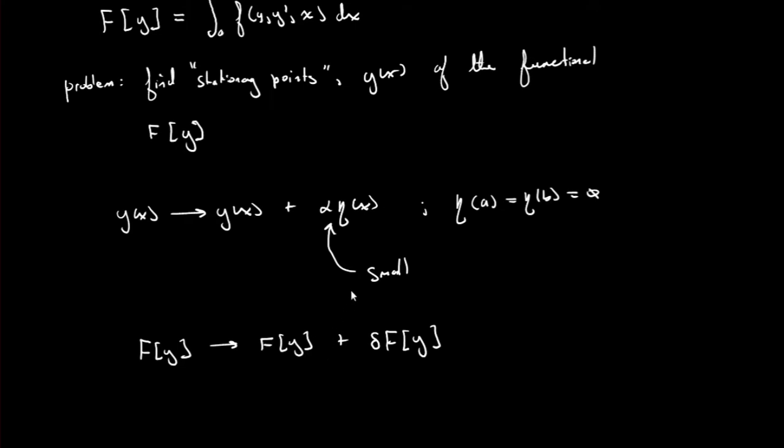Now, the reason I'm using the language of a point is because we can actually think of this as not just one equation, but an infinite number of equations indexed by the variable x. So this is kind of like uncountably infinitely many displacements.